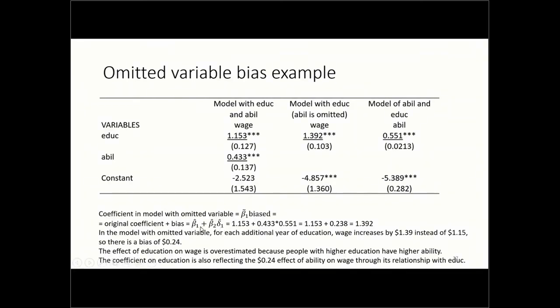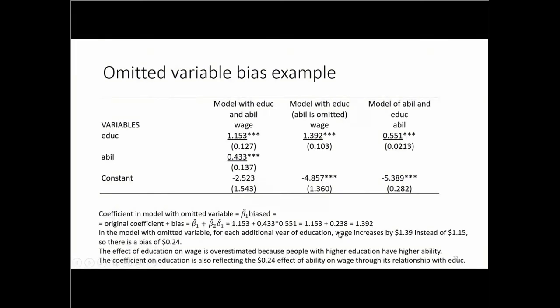The beta 1 hat is the coefficient on education, so this is the original coefficient. Plus we have beta 2 hat, the coefficient on ability. Plus we have delta 1 hat, the coefficient here of the relationship between ability and education. So if we actually do the multiplication, that is the size of the bias.